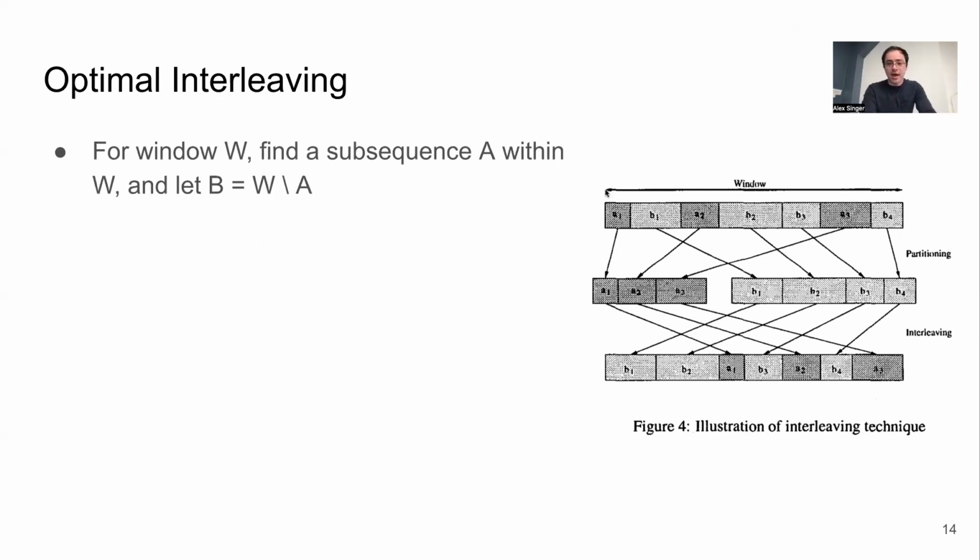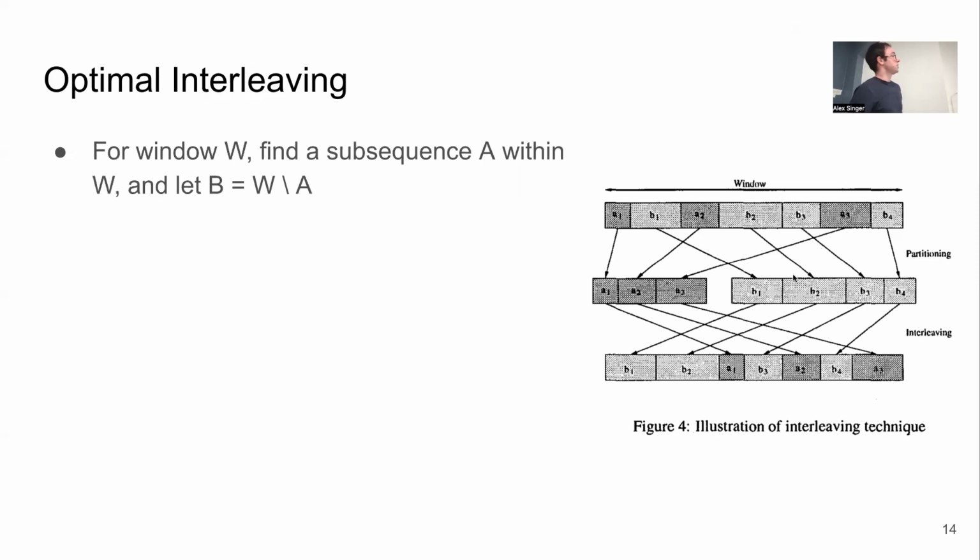What does that mean? I have this window and it has these cells in it. I'm going to create A, which is this one, A1, A2, A3. It's a subsequence. I'm not going to allow them to be reordered. I'm going to lock in that A1 always comes to the left of A2, always comes to the left of A3, and then B are all the other cells.